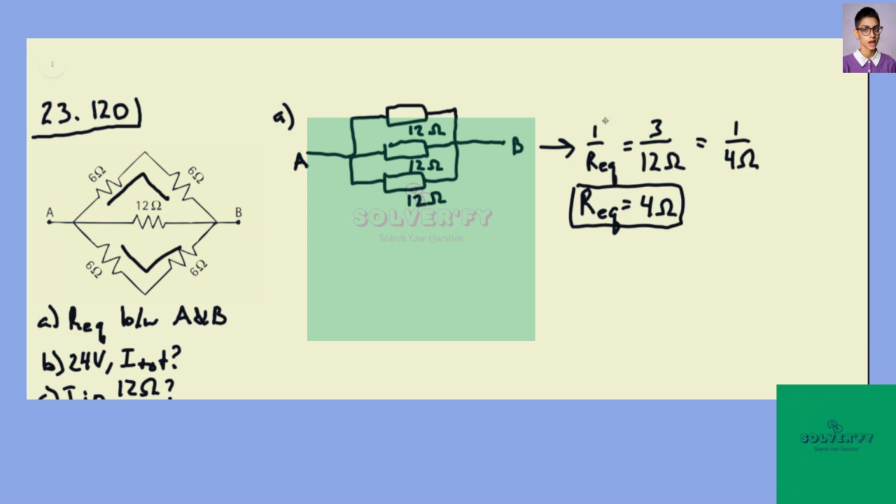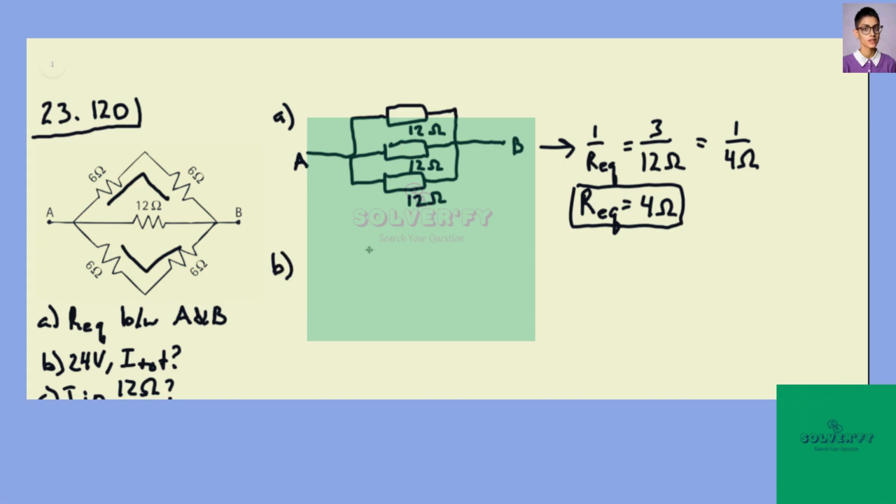You can see from this that if you had n resistors in parallel, all with identical values, you just end up getting an equivalent resistance of 1 over n times the value of the identical resistors you have. But that's just a little bit of an aside.